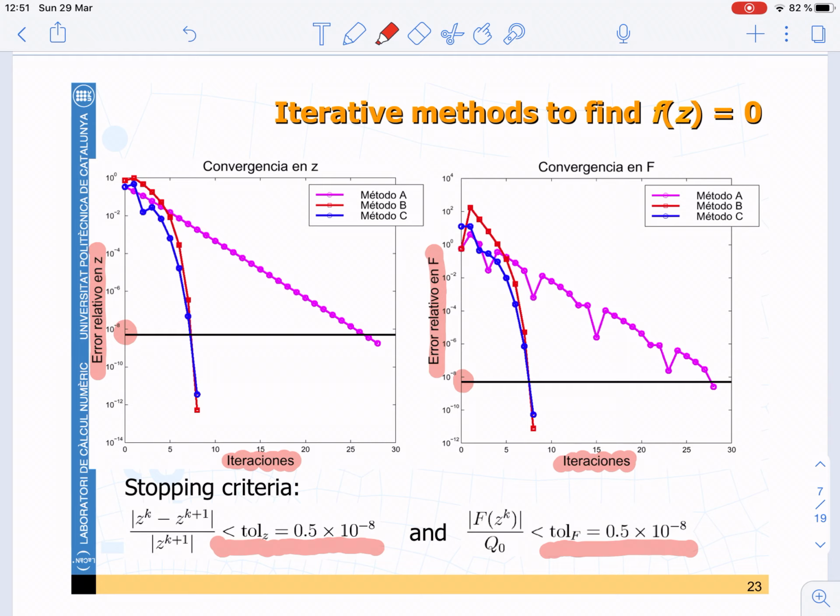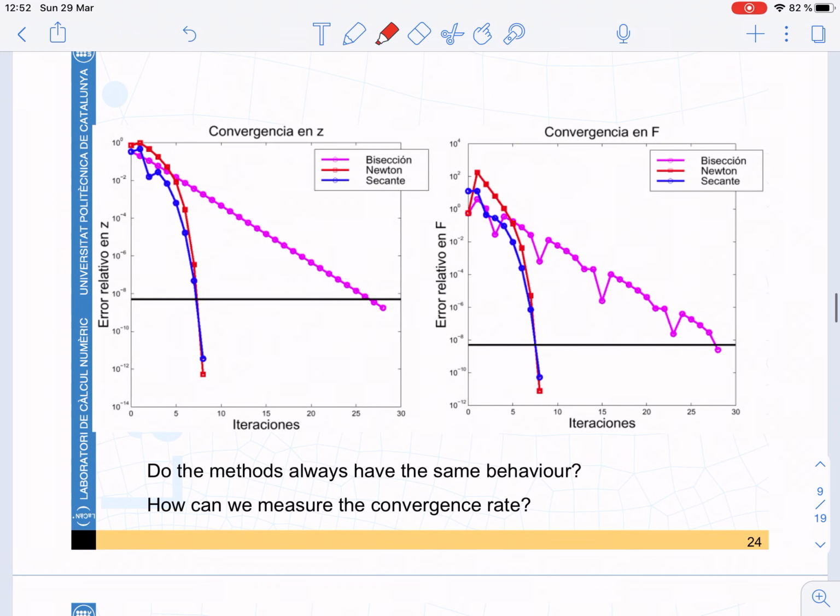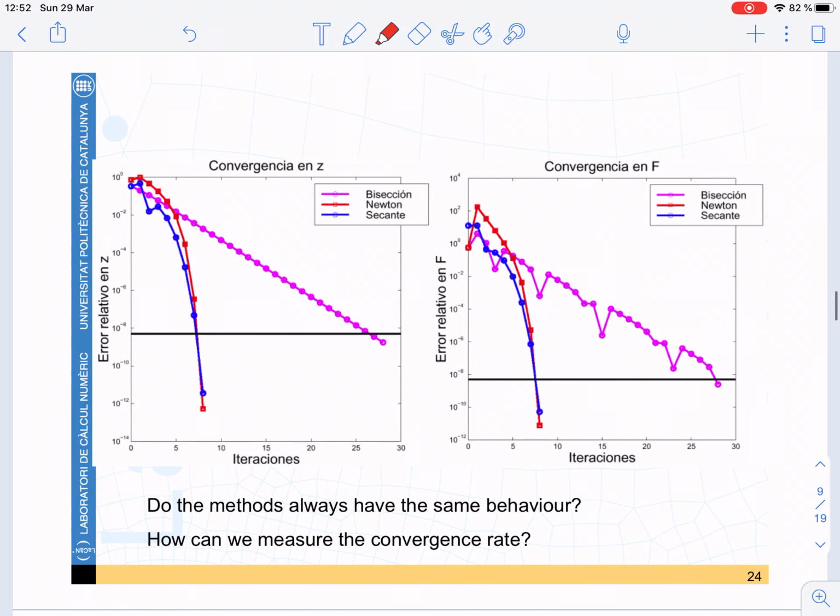So maybe you want to pause the video for a few seconds to think which curve is which method. And the solution we can see here.